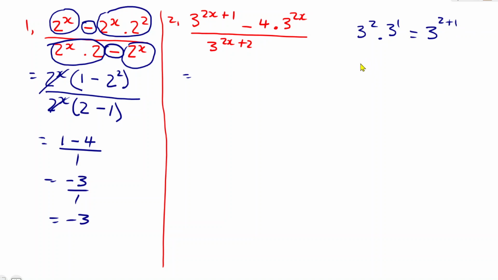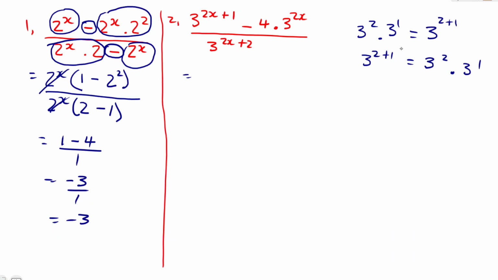It's like they gave you 3 to the power 2 plus 1. So that means that if I gave you 3 to the power 2 plus 1, you can say now these two exponents, which is 2 and 1, have the same base, which is 3. So it's like you have now 3 to the power of 2 times 3 to the power of 1, because the two exponents have the same base.